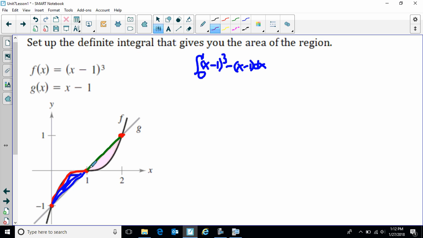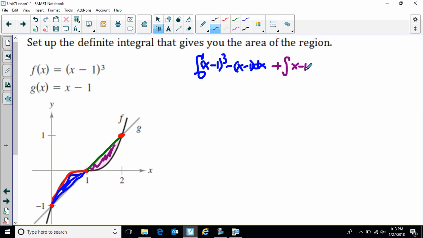Now, if I wanted to find this purple area right here, I would have to set up a separate integral that I'm going to add to my first one. So this integral, my linear function is going to be first, because here my linear function is on top.